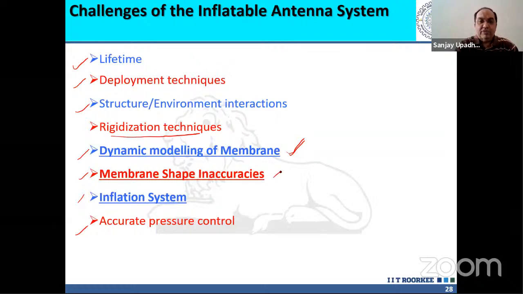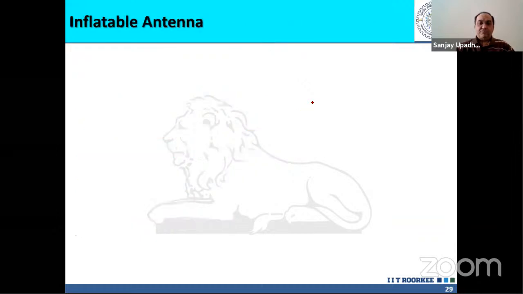Presently, we are working on the deployment technique and rigidization. We have successfully completed this part, and presently this is going on. There are different challenges we have to face when implementing this technology, inflatable technologies.